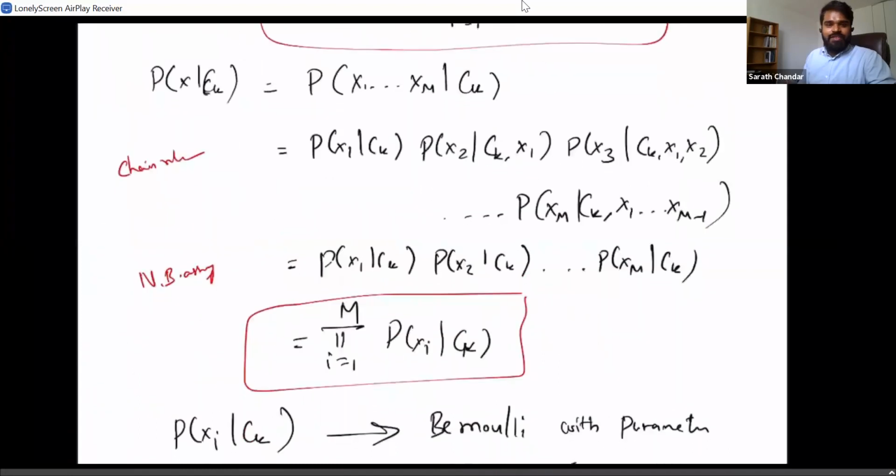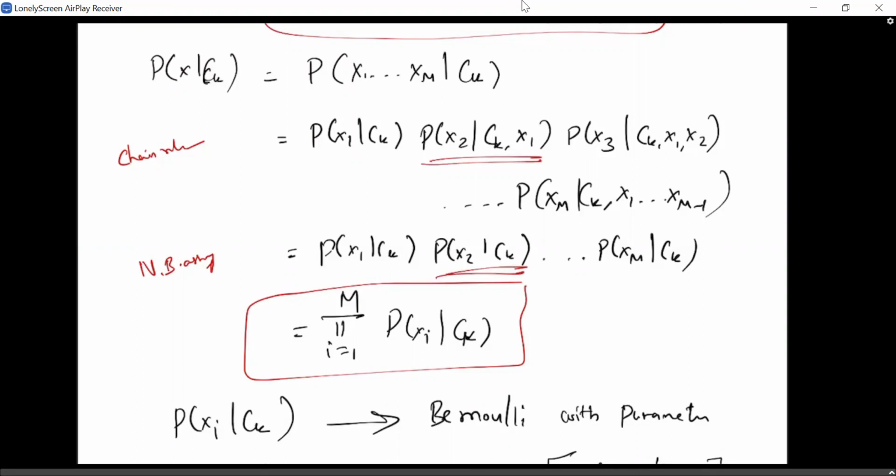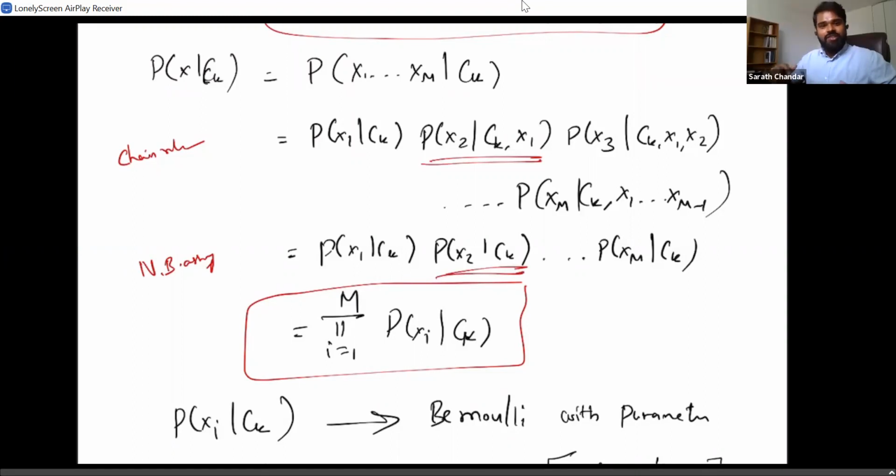Basically, you start with P of X given Ck, which is P of X1 to Xm given Ck, right? Now, one way to write this is by using the chain rule. And then I say that if I follow the naive Bayes assumption, then this term could be replaced with this term. No, this is just an expansion of the naive Bayes assumption. Okay.